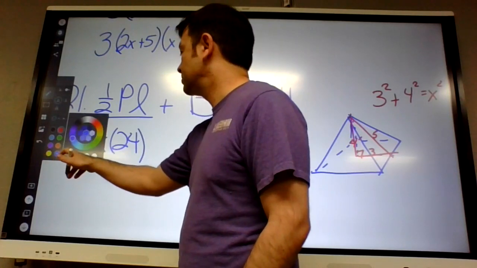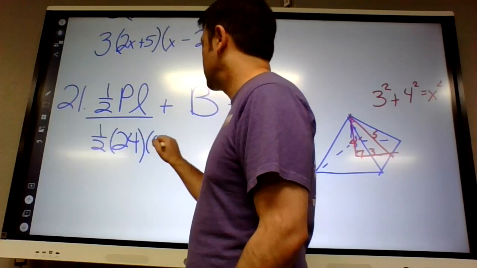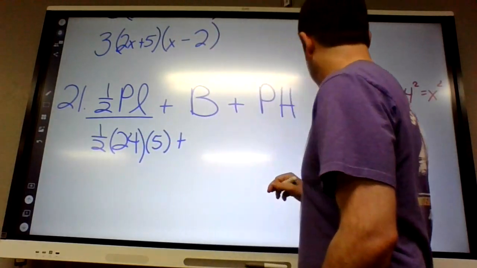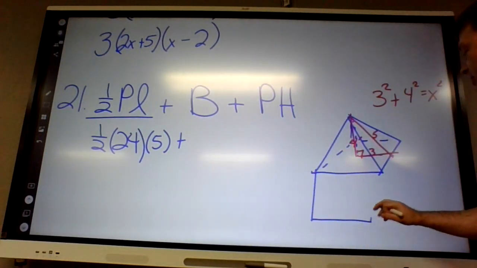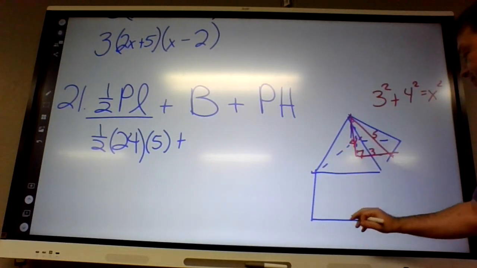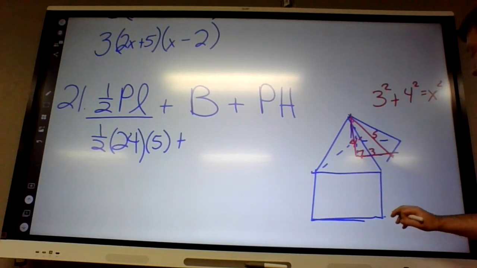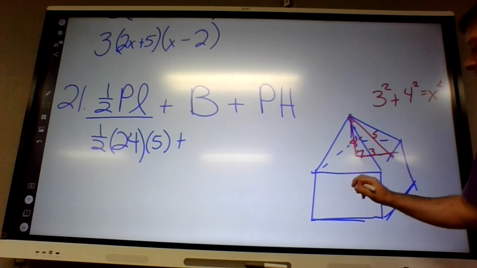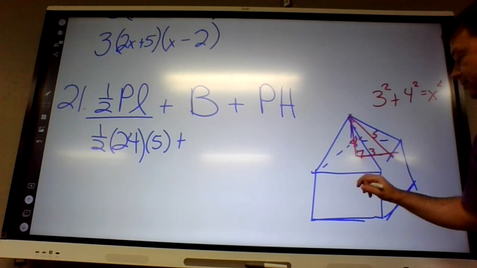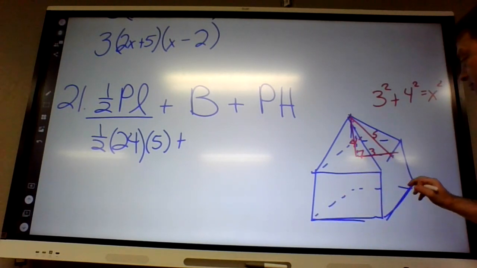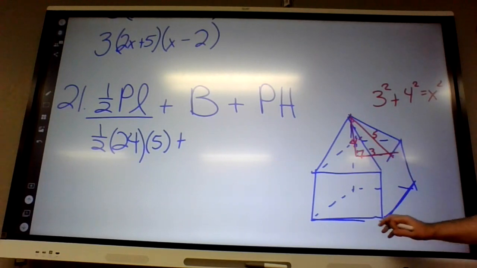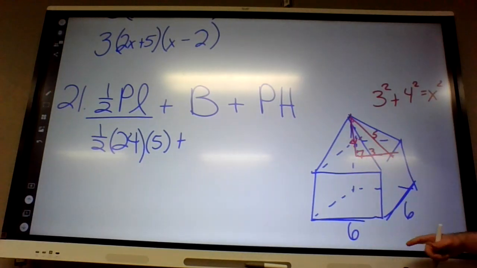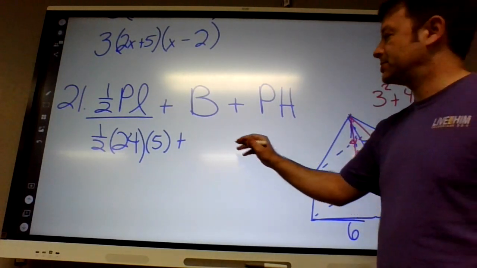Okay, plus the base area. Anyway, how do I find the base area? Yeah, it's a 6 by 6 square. So 6 times 6 is 36.